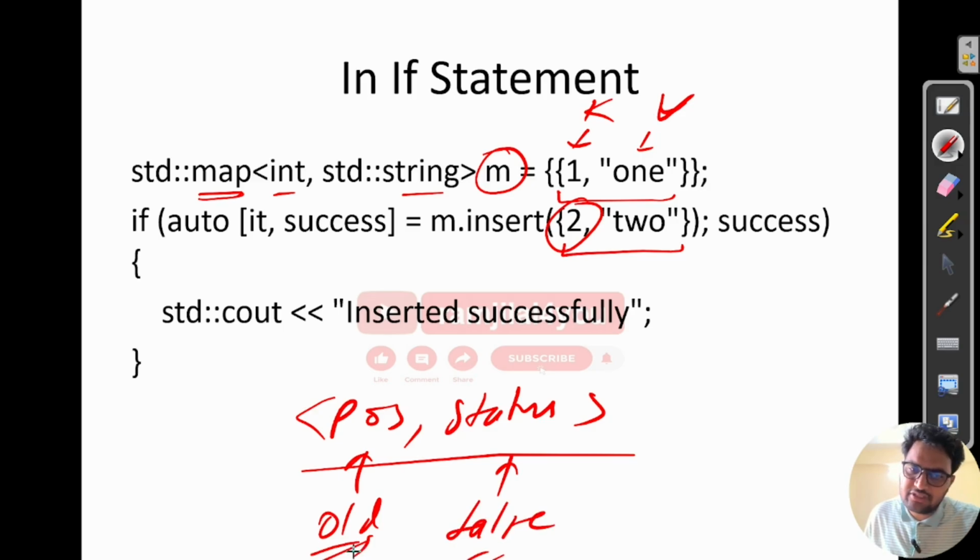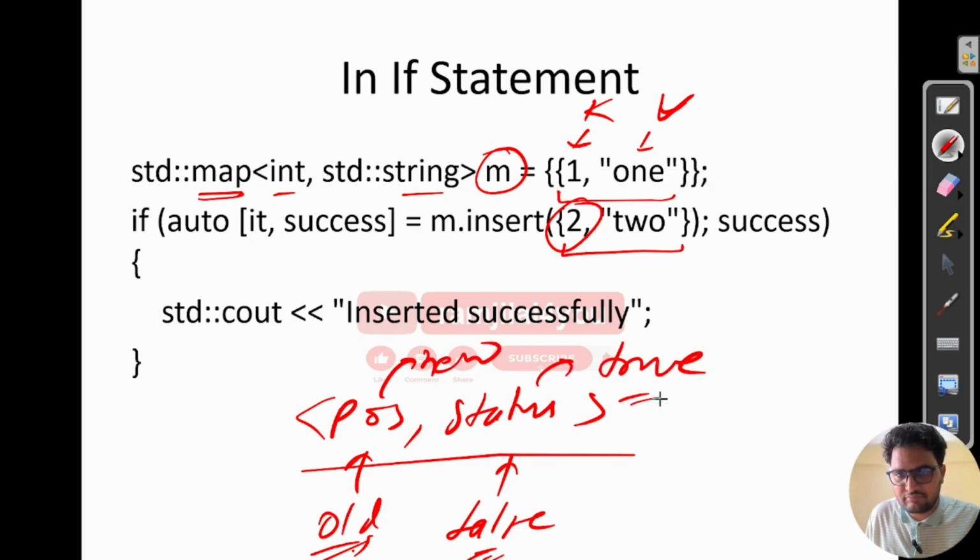It means the insertion operation failed. And if it passes, then the new position it will return, and the status would be true. That is what happens with the insertion operation. I hope it is clear. Till now it is clear.